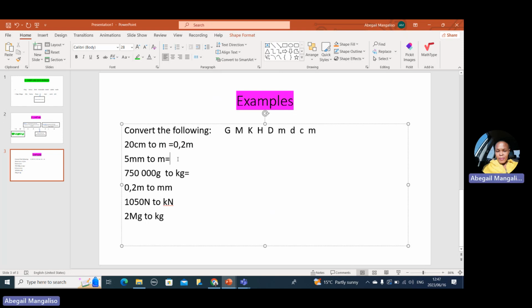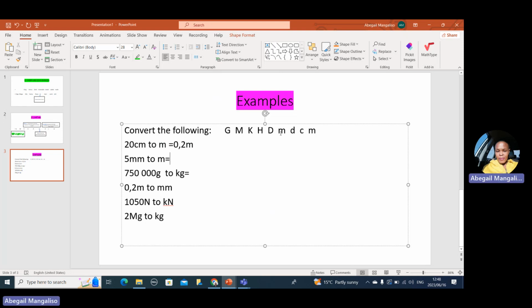If you convert 5 millimeter to meters, this is milli. The M in the middle is the basic SI unit. This is M for milli, the last one. To meter, 1, 2, 3.